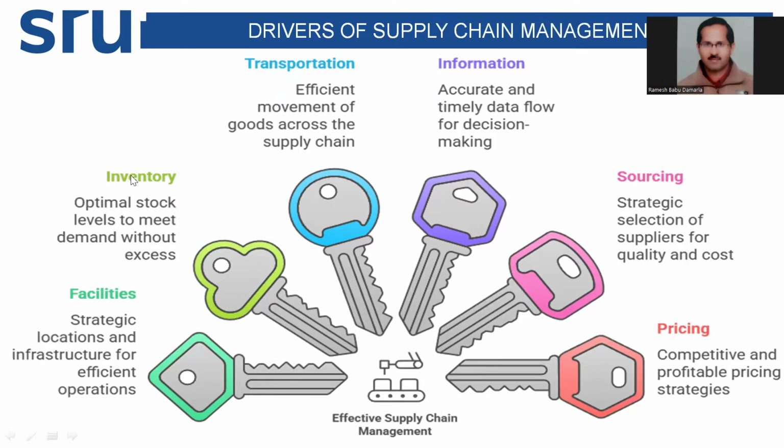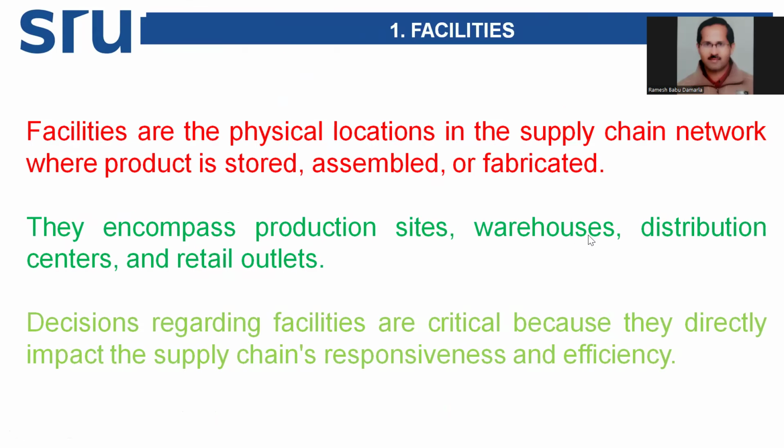So strategic selection of suppliers for quality and cost. We should identify good suppliers who will supply to us. Pricing. This is the important driver. When we discussed components, we discussed facilities, inventory, transportation, information, sourcing. Now this pricing is one of the drivers. So competitive and profitable pricing strategies are very, very essential. Now let us see these drivers one by one in detail.